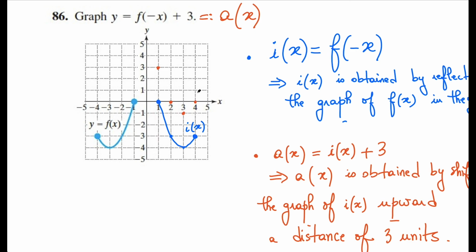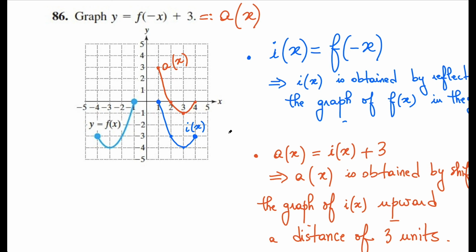Then the curvature is going to be the same as the original one. It's not going to look the same, obviously, because I'm doing it by hand, but the idea is the curvature has to be the same as the blue one. It has to go through these points. Let me try again through these points that I just highlighted. So something like this. That's the function a of x.